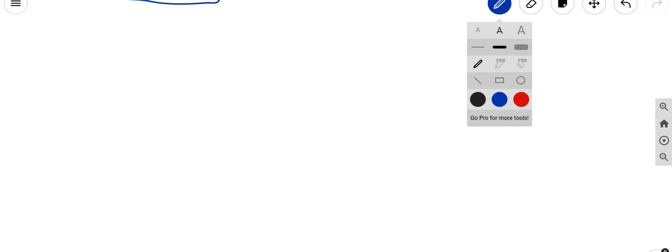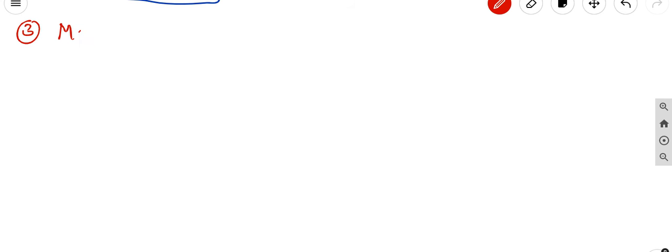The next one is mode. The third one is the mode of the binomial distribution.